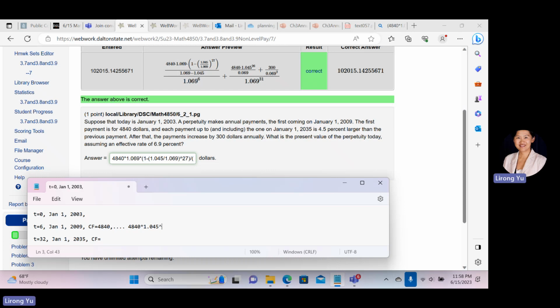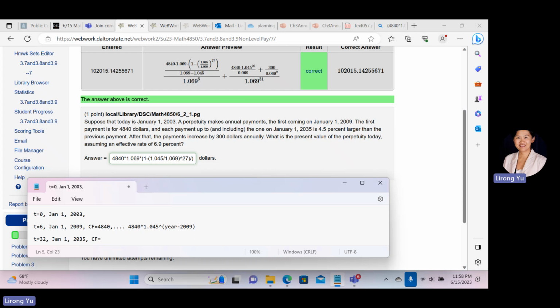So that has to be whatever year that is minus 2009. For example, in 2010, it will be 2010 minus 2009, which is one factor of 1.045. Let me just write that.